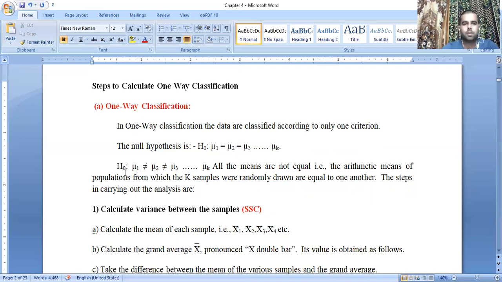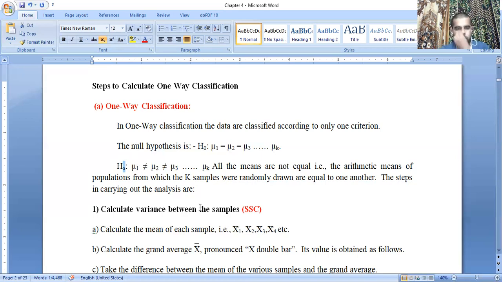Then the alternate hypothesis, HA: mu1 is not equal to mu2, mu2 is not equal to mu3, and so on up to mu k. All means are not equal, that is, the arithmetic means of the populations from which the k samples were randomly drawn are not equal to one another.